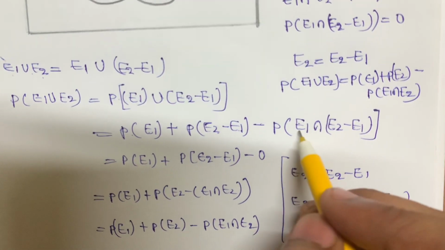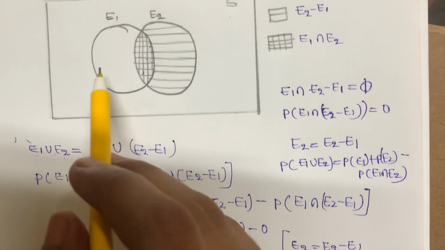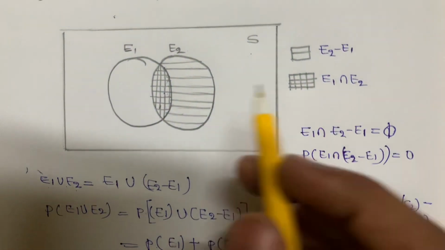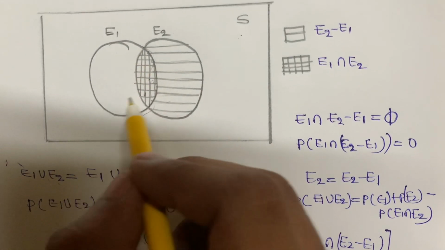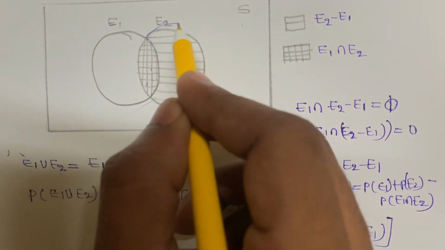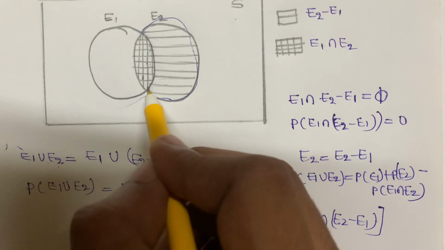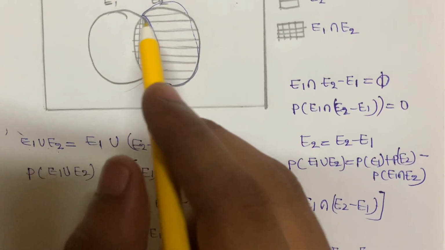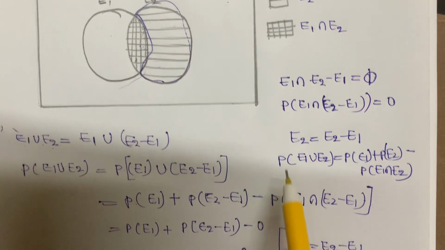Since E1 intersection E2 minus E1, which means E2 minus E1 is this value, and this both intersection value is 0.